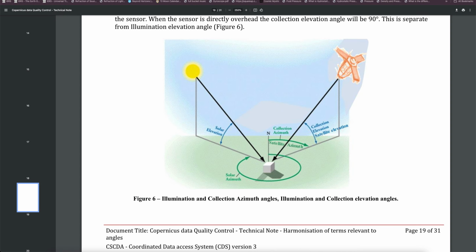Here we are: solar elevation, collection elevation, satellite elevation. As you can see, right angle triangles, that's what it uses. Satellite azimuth, solar azimuth, it's using azimuth and elevation. That's what's known as the horizontal coordinate system.